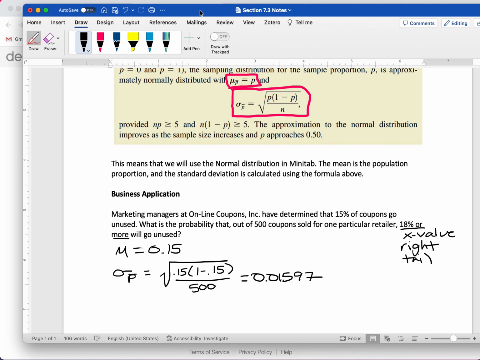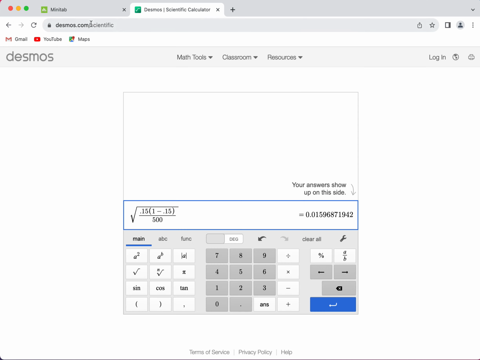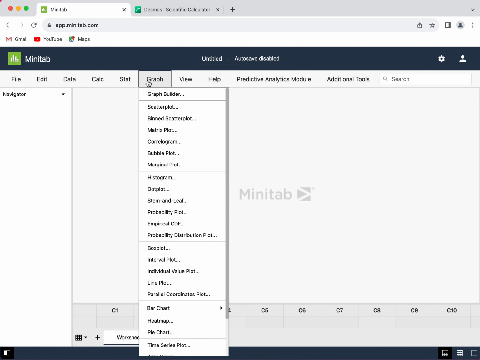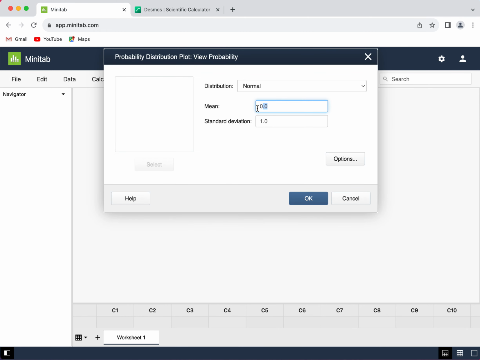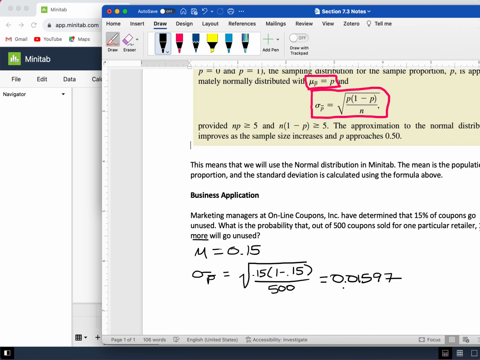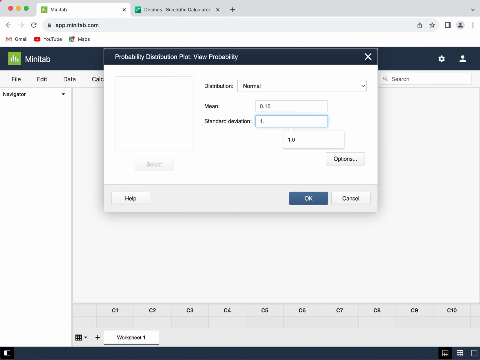So let's go to Minitab and put this in here. Our mean is 0.15. Standard deviation, 0.01597. Make sure that you're getting the right number of zeros in your number.